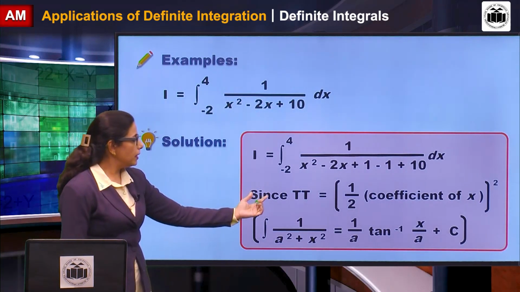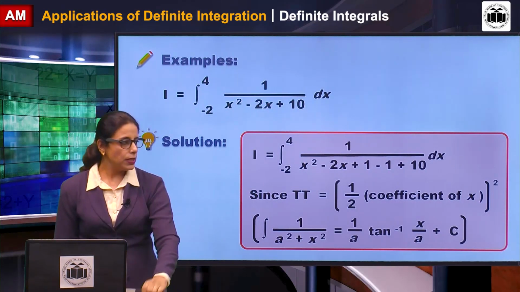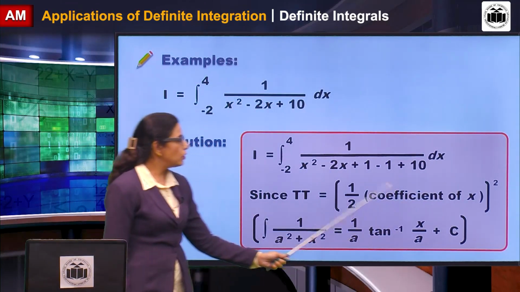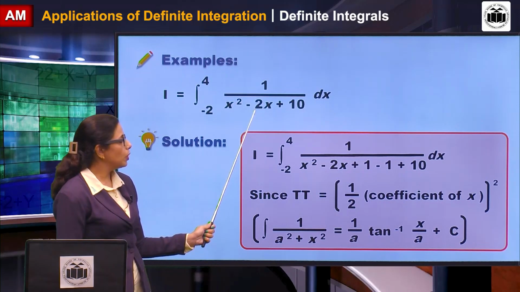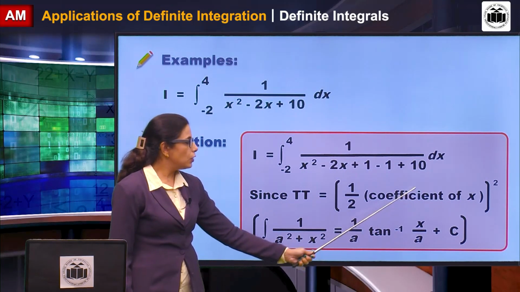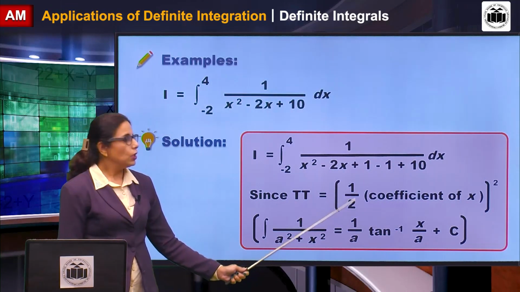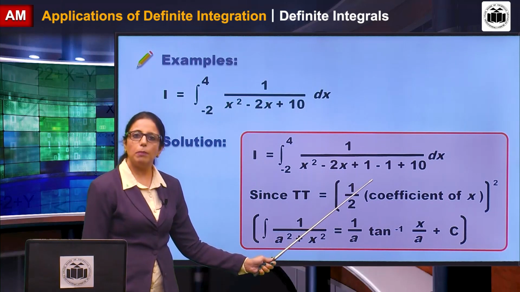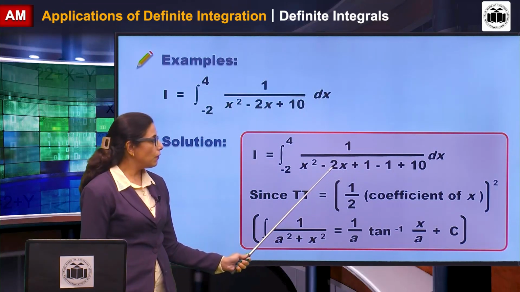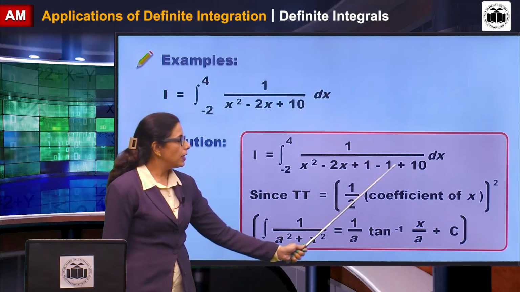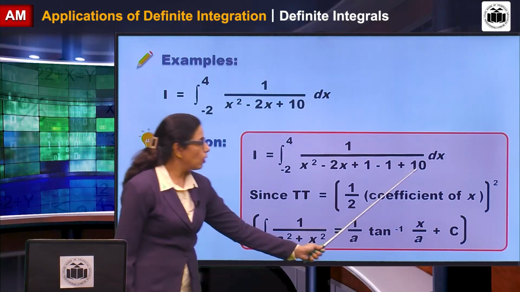So, here you can see the third term formula, which is half into the coefficient of x, the whole square. Here the coefficient of x you can see is minus 2. So, when you take the coefficient of x as minus 2, the answer you get for the third term is 1. So, we will add and subtract the third term after the middle term, that means after minus 2x. So, adding and subtracting, plus 1 minus 1, and the plus 10 follows as it is.